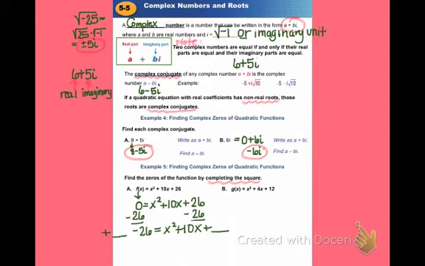So I know that the way I can complete a square is I have to take that middle term, which is the 10, divide it by 2, and then square it. So it's always b over 2 squared. And so I know that 10 divided by 2 is 5, and 5 squared is 25.